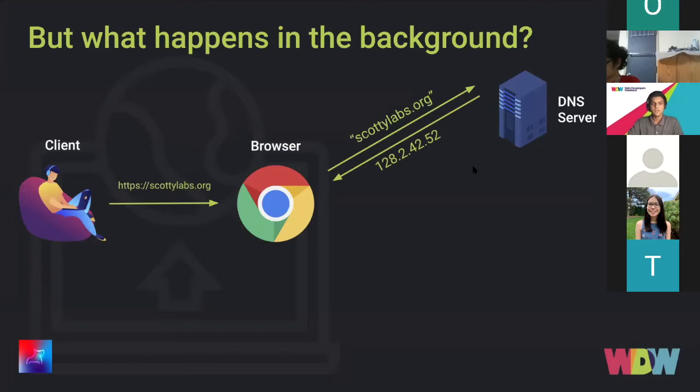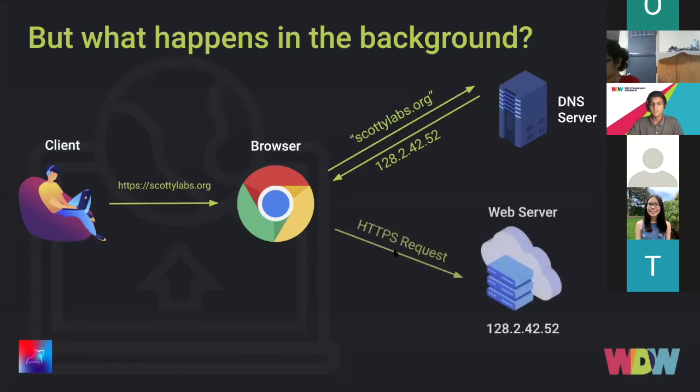Then your browser sends an HTTPS request to this IP. If you don't know, an IP is how we address different computers on the internet. After it gets the IP, it sends a request to a web server that's at that IP.